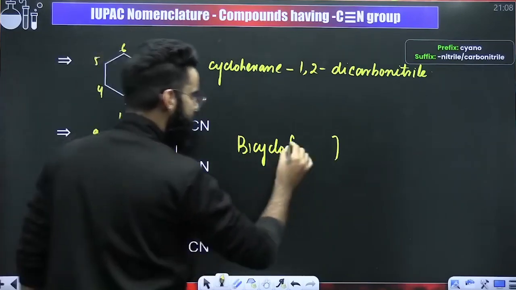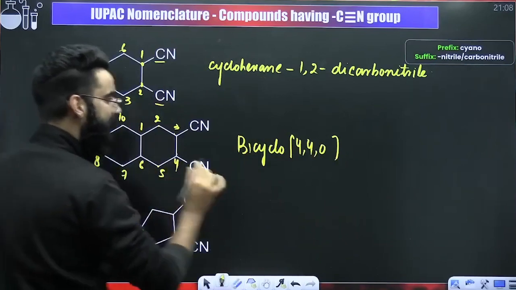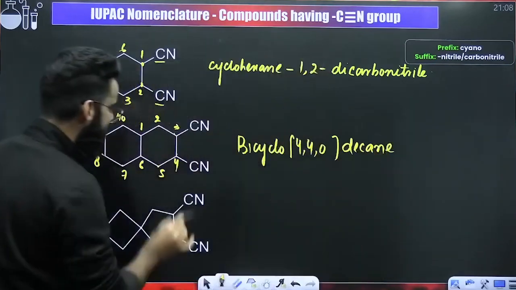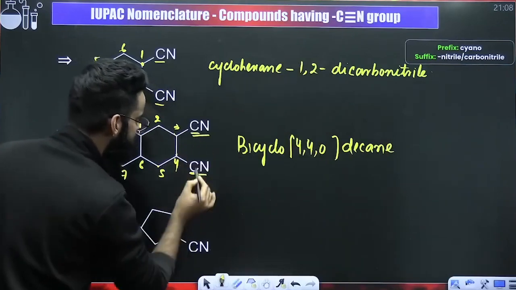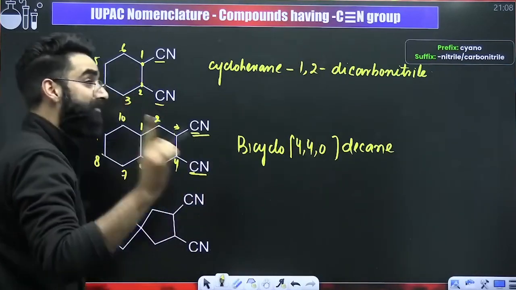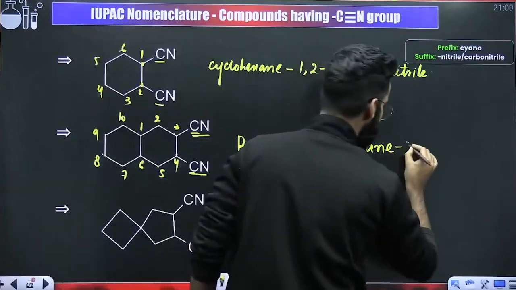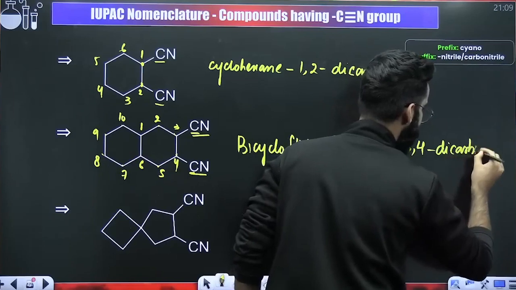In the middle, 0. So 4, 4, 0. 10 carbon atoms in total, so it is dec. Everywhere is a single bond, so it's ane. At 3 and 4, 2 functional groups. None of the carbon of the functional group is the part of the main chain. Suffix used has to be carbonitrile, but it is going to be 3,4-dicarbonitrile.